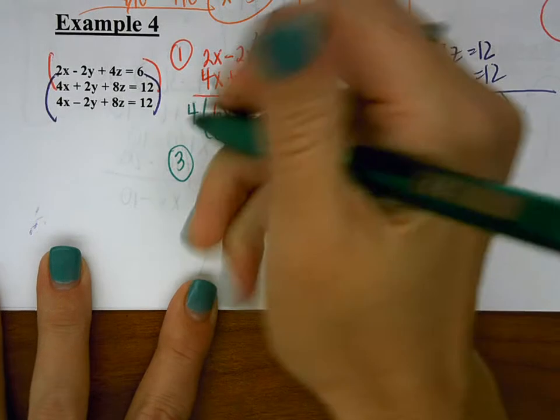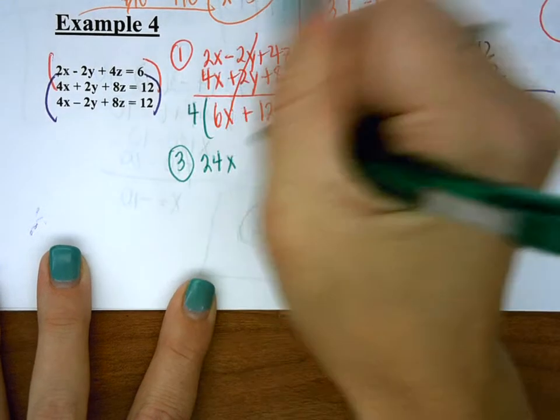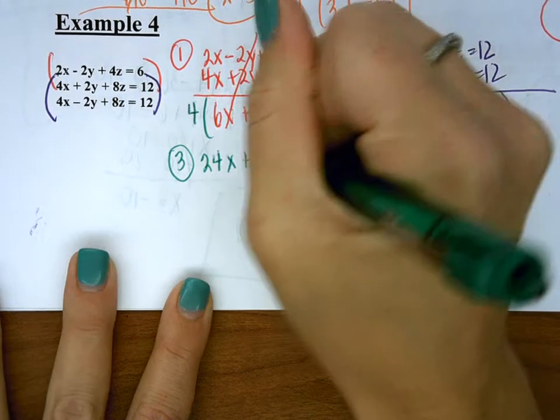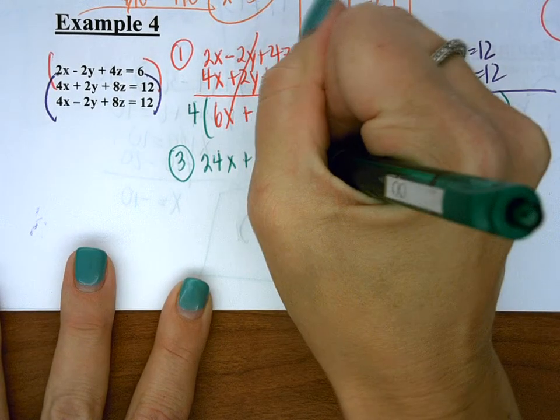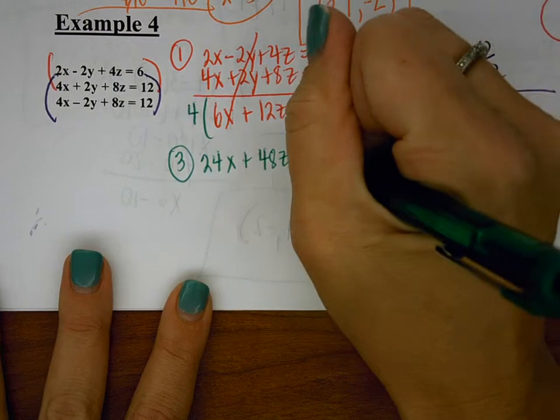So when I do that, I get 4 times 6 is 24x, plus 4 times 12 is 48z, equals, and 4 times 18 is 72.